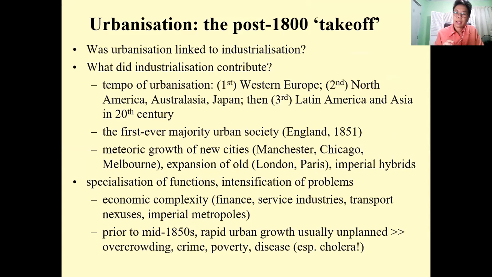So there are also hybrids, because these imperial hybrids, London and Paris, are deeply connected to each other. And of course, there are specializations of functions, and normally problems come in terms of complexities in economics, the transport, the metropoles, and of course, prior to the mid-1800s, there's rapid urban growth and overcrowding, crime, poverty, disease. And of course, one disease that was rampant in the 1850s is cholera.